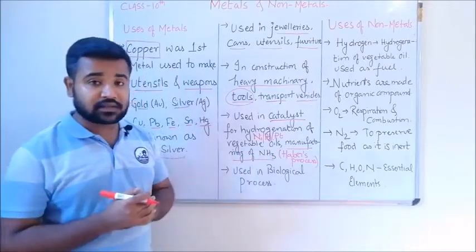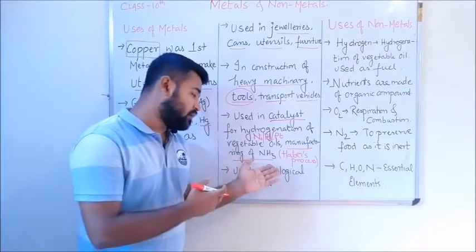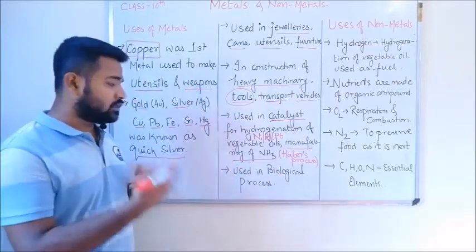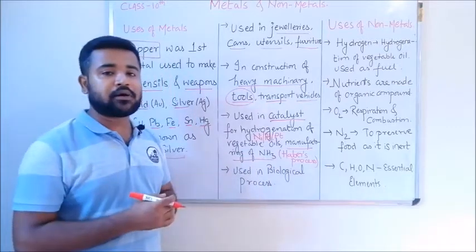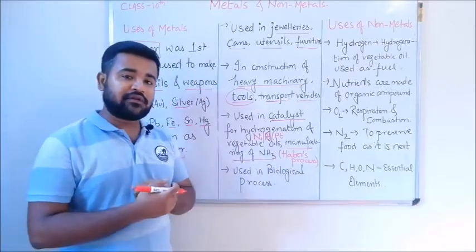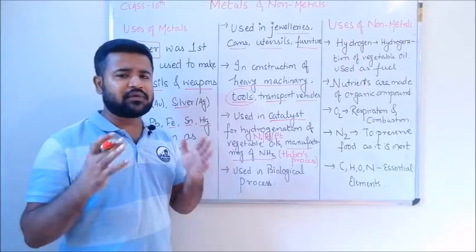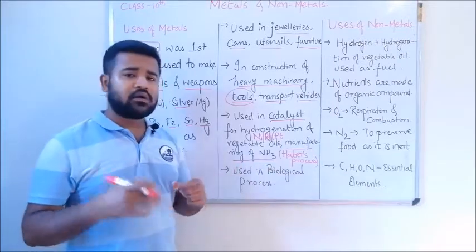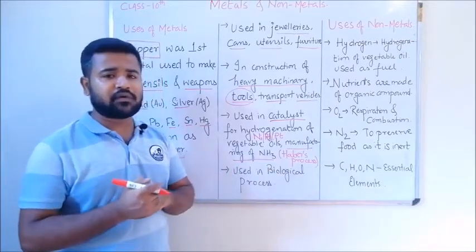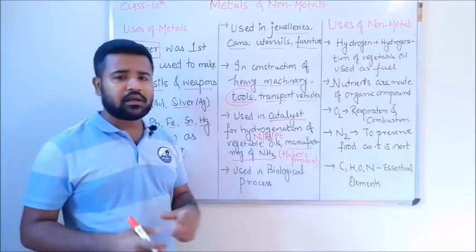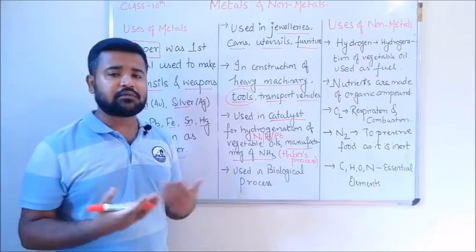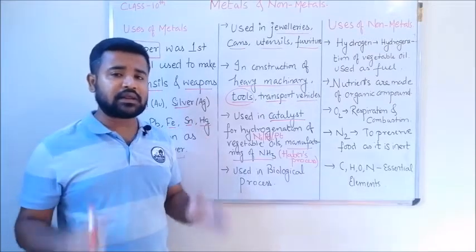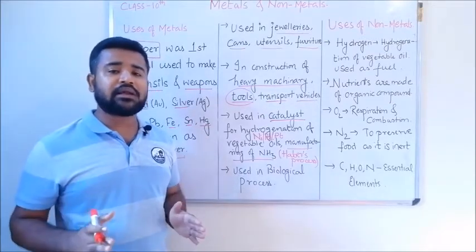Now the question arises: sir, why have you told us only about ammonia, not the others? Others are also there, but ammonia is an important compound, we can say, for the development of the country. Why? Because from this ammonia fertilizers can be prepared, and we know that our country India is based upon agriculture.